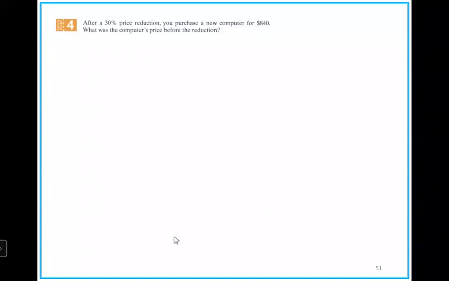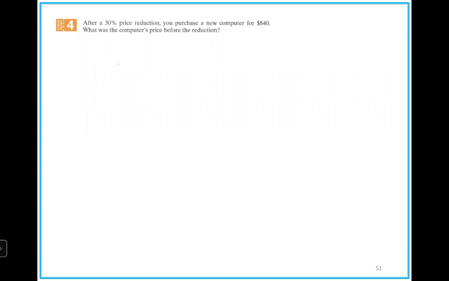I'm here. Yeah. So after a 30% price reduction. Yeah. So what was the original price? What variable are you going to use for that?